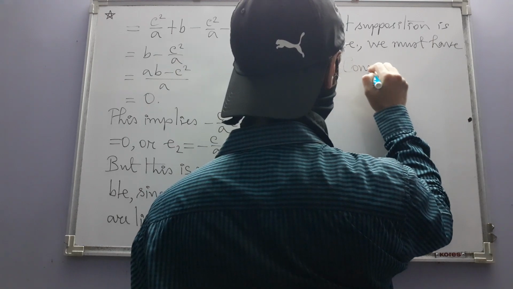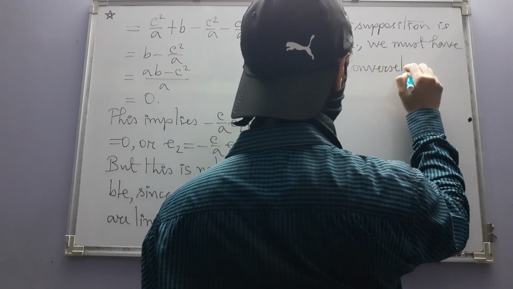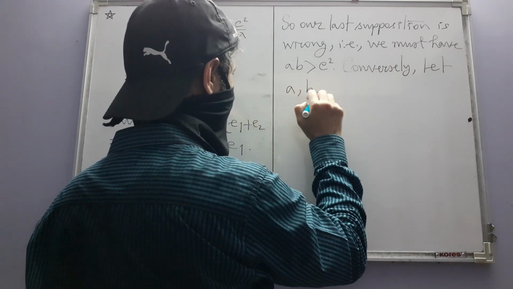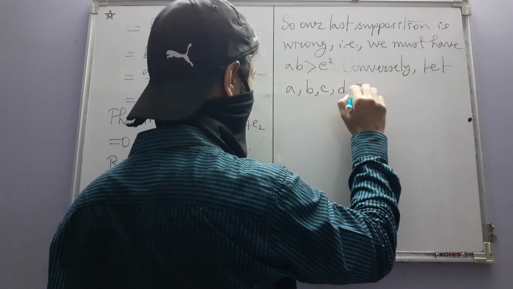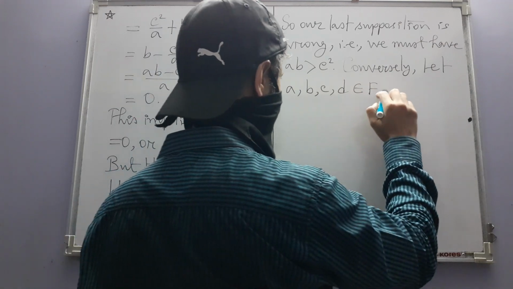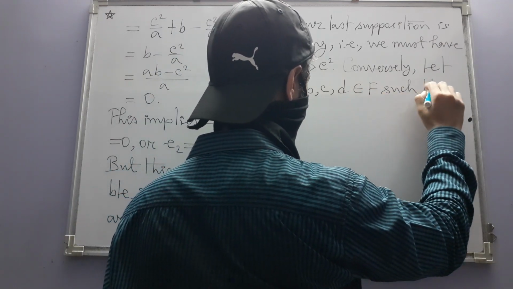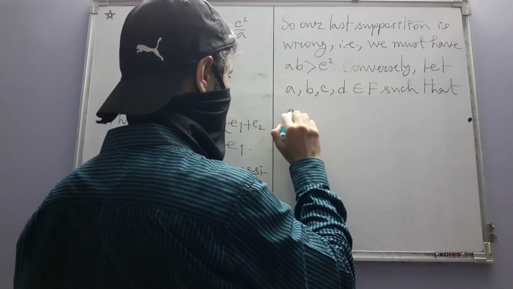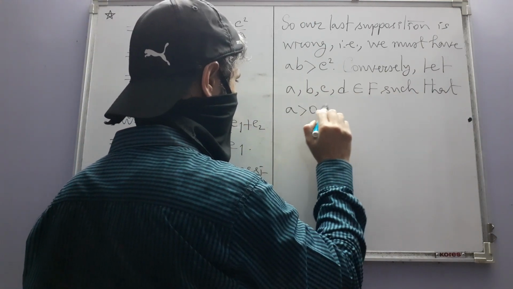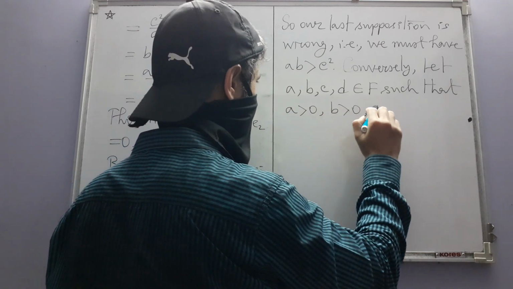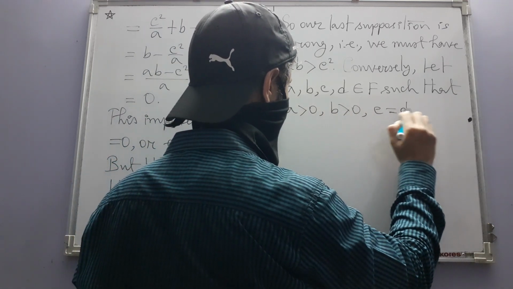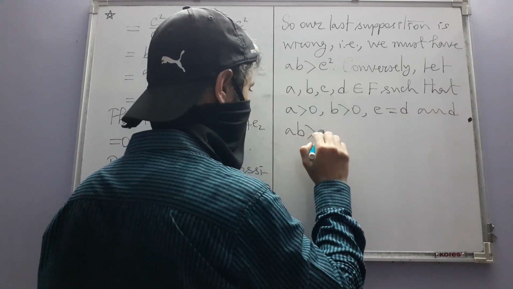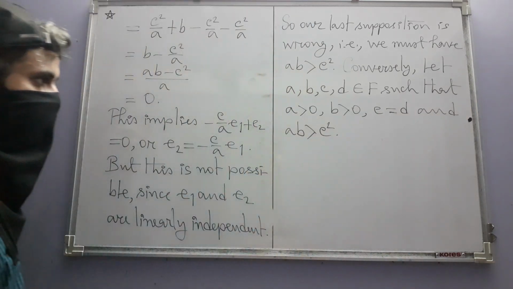Conversely, let A, B, C and D be real numbers such that A and B are positive, C is equal to D, and AB is greater than C squared.